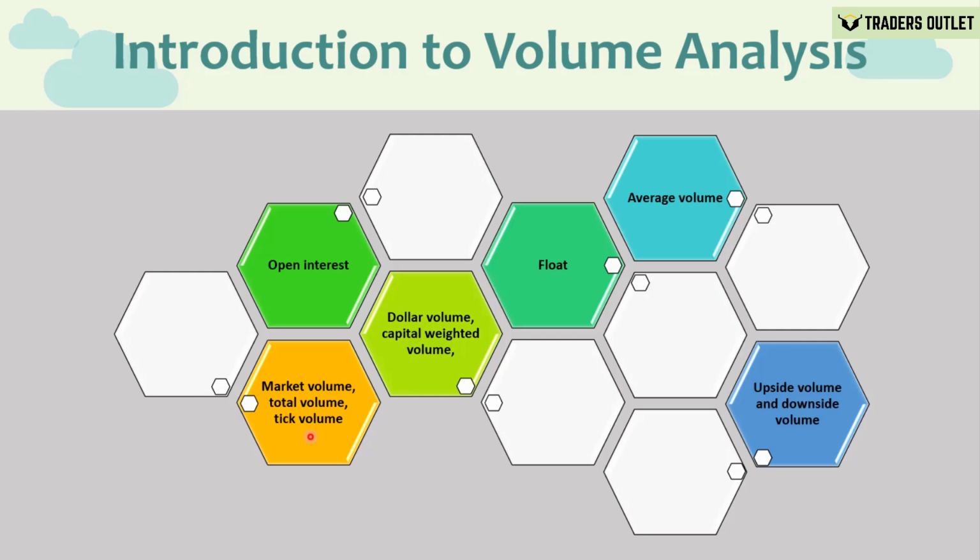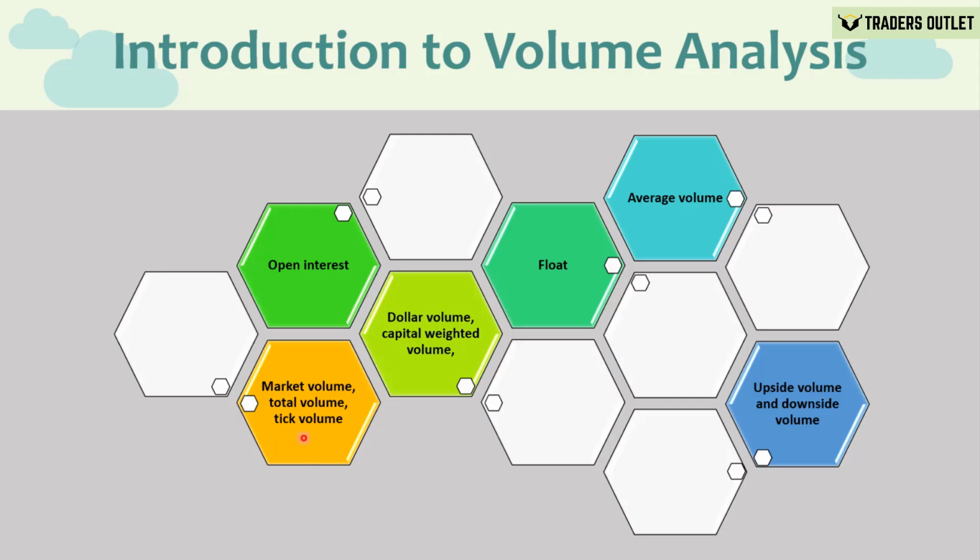Tick volume is the intraday sum of volume on a per transaction basis. Right? So it's basically intraday, and it varies from transaction to transaction. How many transactions have happened in a particular day, intraday, during a specified number of ticks.